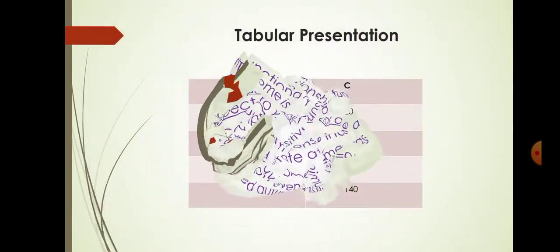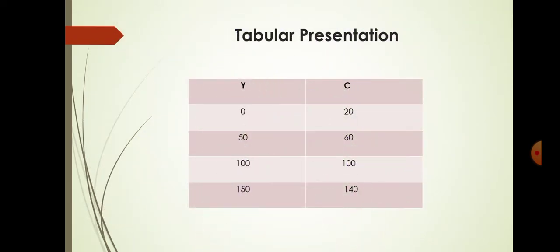We can see it by the table. Here in the table, Y is income and C is consumption. Here we see 20 is the minimum level of consumption. This is the level of autonomous consumption because here income is zero. Then consumption rises in response to a rise in income.